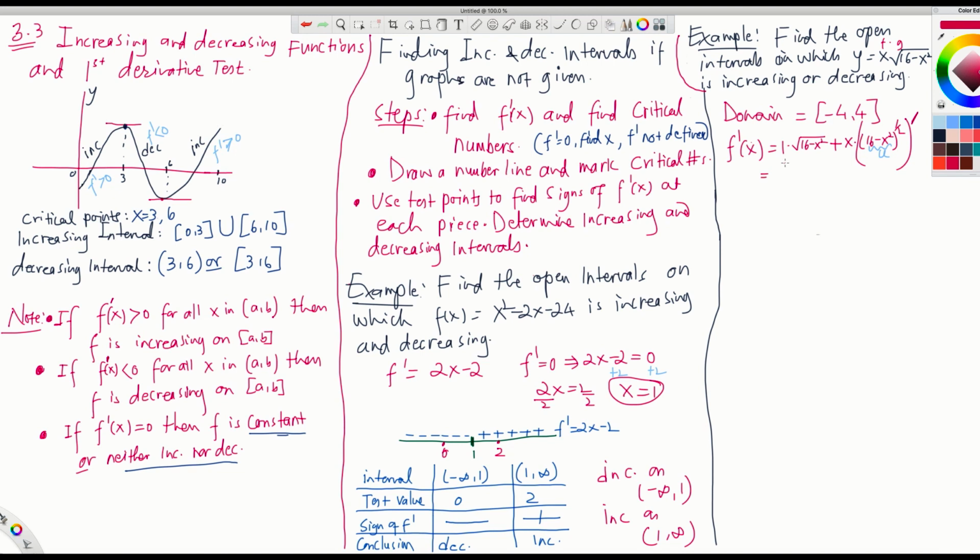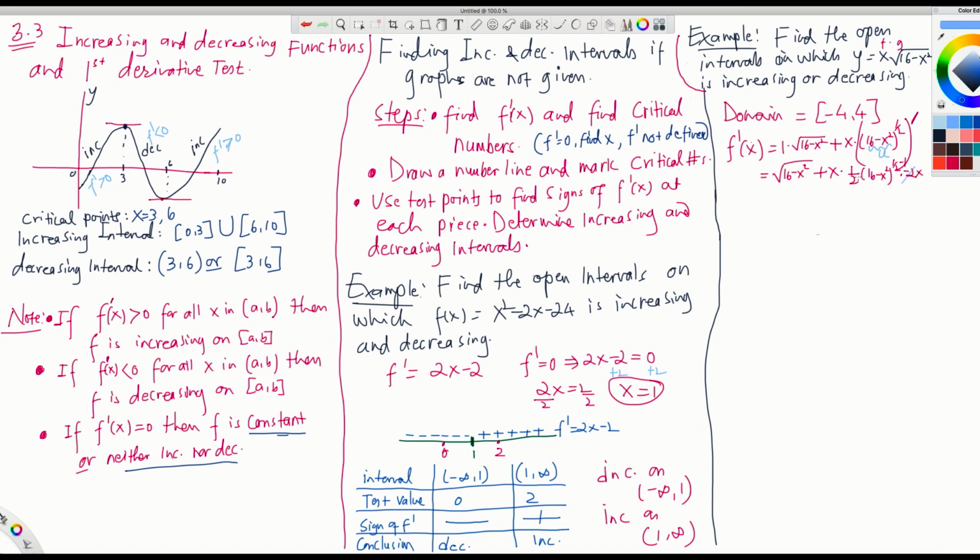It is 1/2 times u to the 1/2 minus 1, times u prime. What is u prime? u is 16 minus x squared, so the derivative is 0 minus 2x, which is negative 2x. That's what you get.